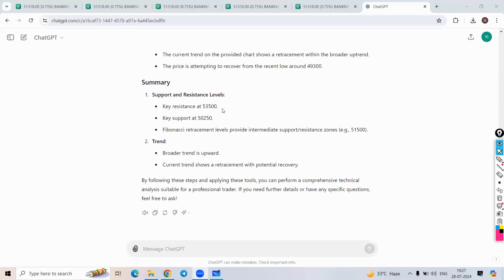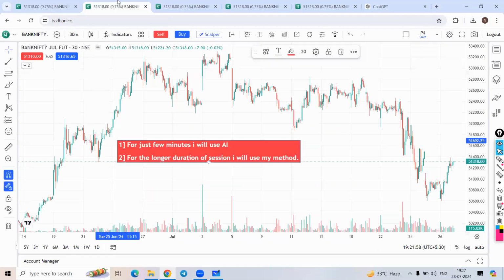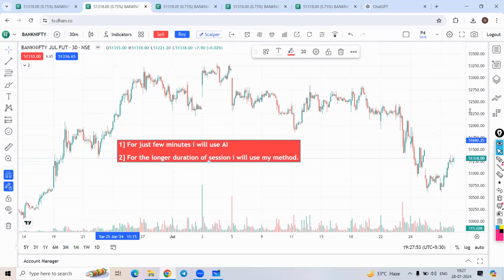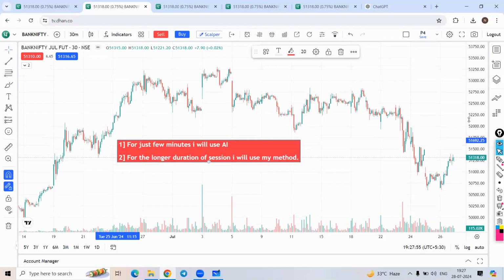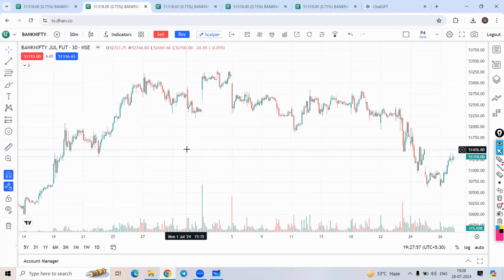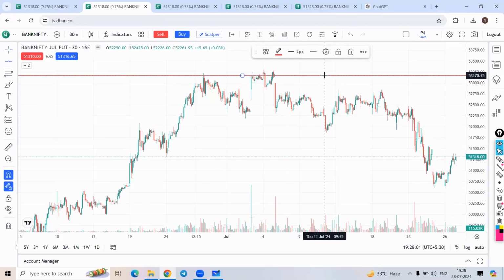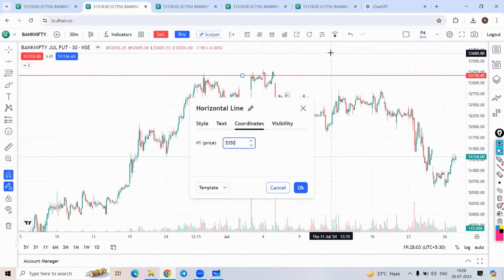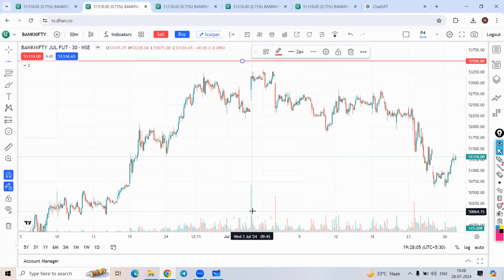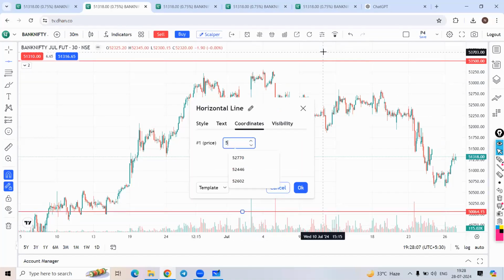What is this level? 53,500, 52,500. What is happening here is it's giving a bigger range: 53,500 and 50,250.